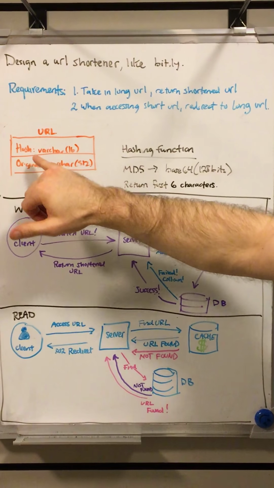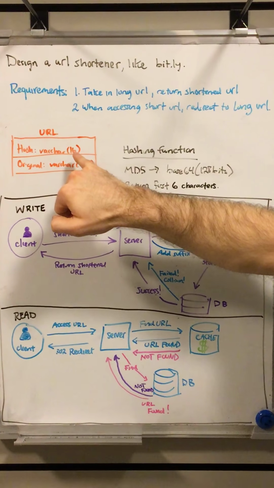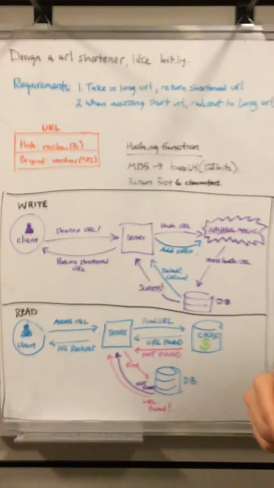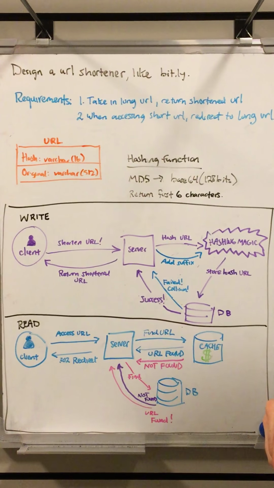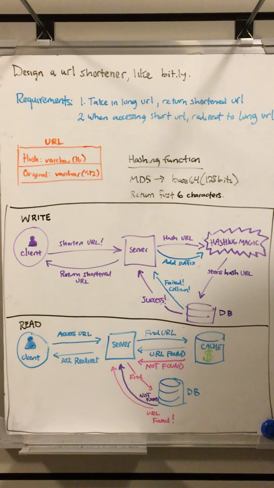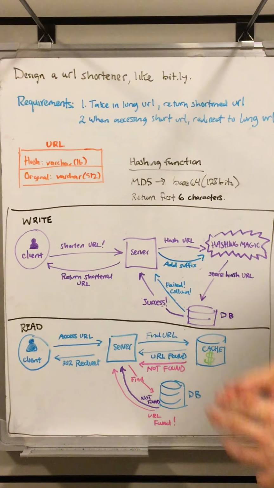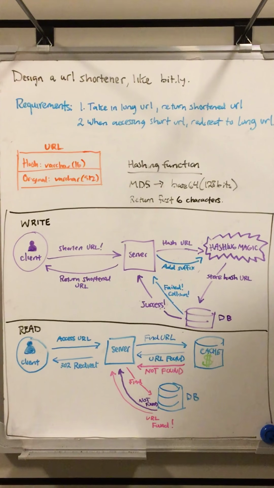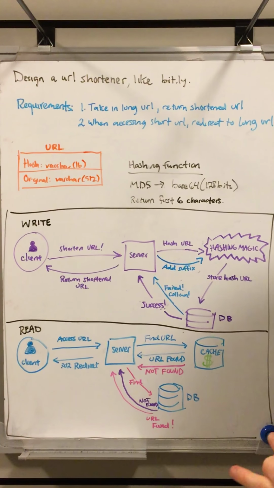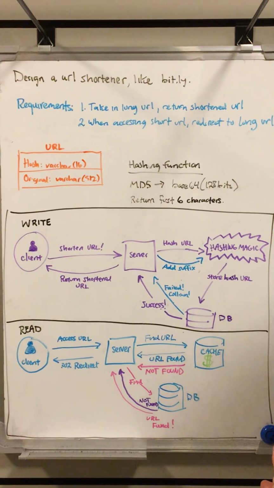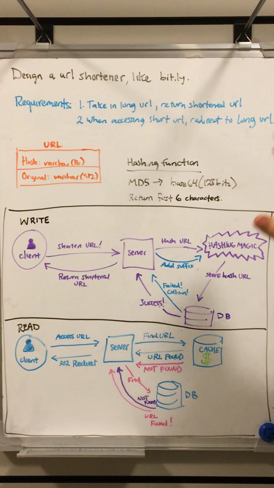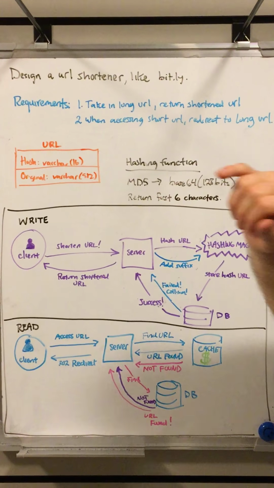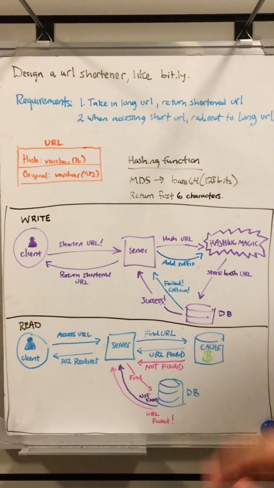So we're going to have a schema that's going to store the hash, which will at most be, we put 16 characters here, but ideally we're only going to be using 6 characters of that, given that there's around 68 billion different combinations you can do with just 6 characters of a SHA or an MD5 hashing function. So we are going to store our hash, and then we're going to store our original long URL.